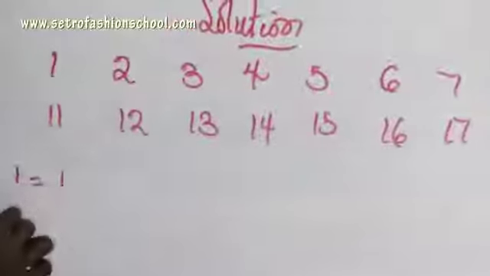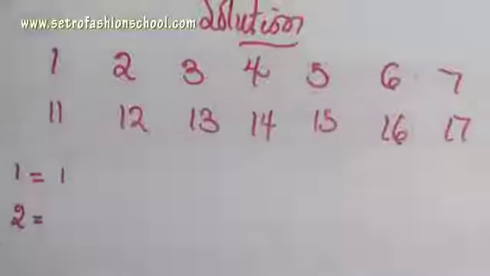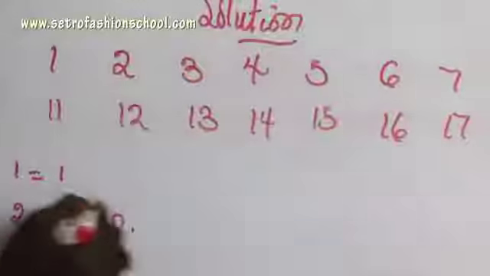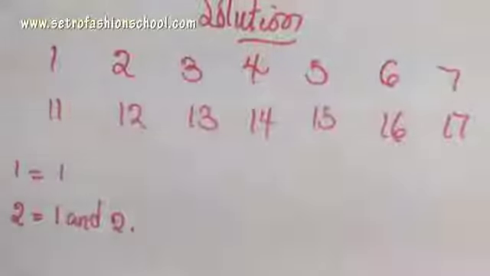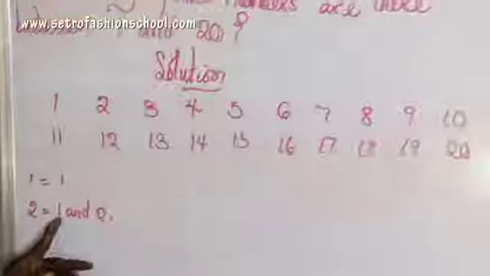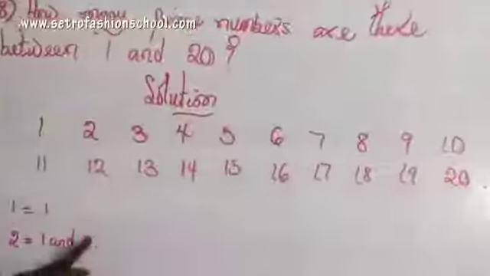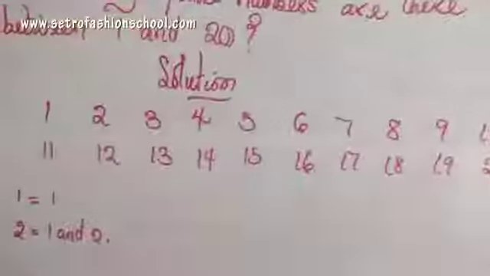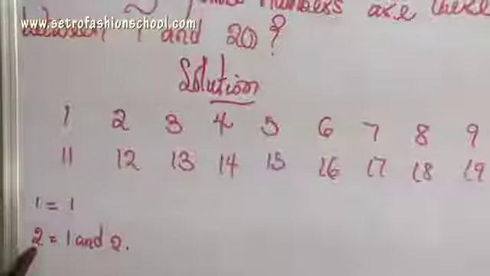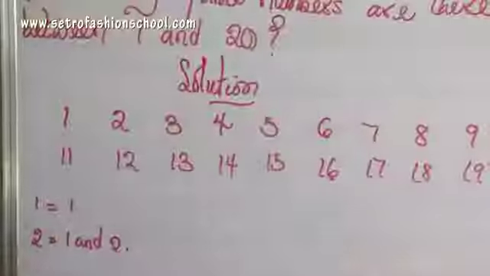Now, is 2 a prime number? Yes. 1 and 2 can divide 2 without any remainder. 1 can divide 2 without any remainder, and 2 also can divide 2 without any remainder. This is what we mean by a prime number. So 2 is a prime number.